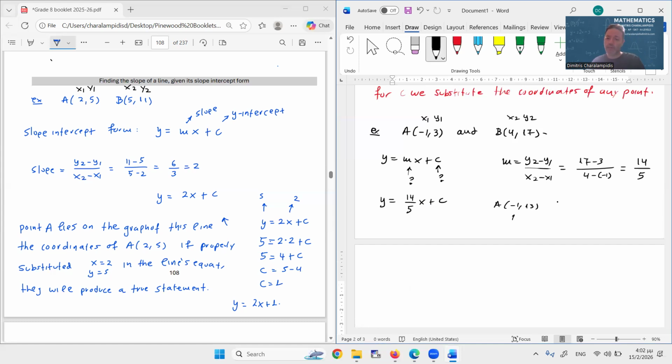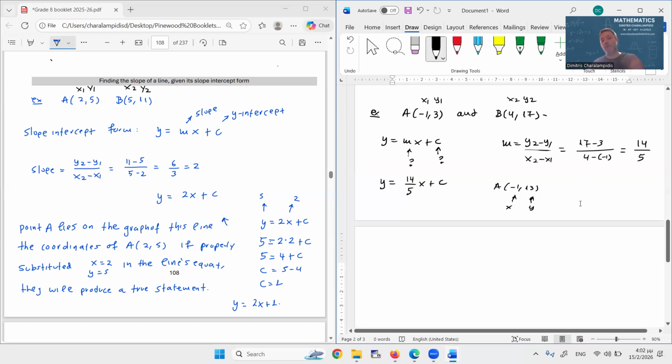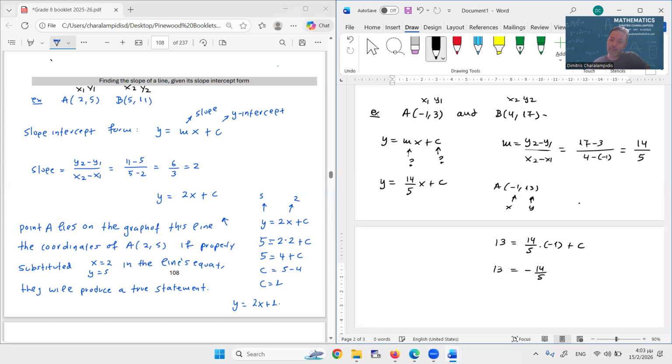This means that this is x and this is y, which means that I'll go to the equation I have found already, y equals 4 over 5 x plus c, and instead of x, I'll put -1, instead of y, I'll put 13, and then I'll do the calculations. This creates 13 equals 4 over 5 times -1 plus c. 13 equals negative 4 over 5 plus c.